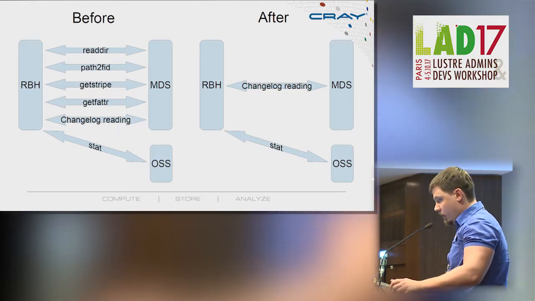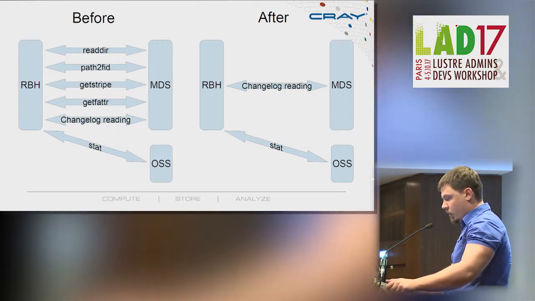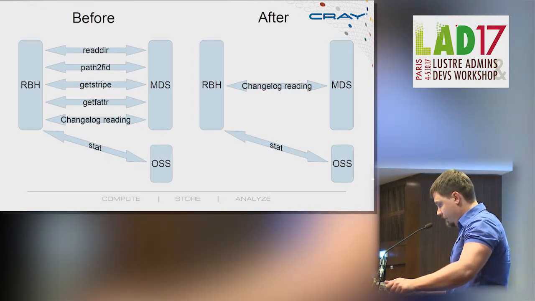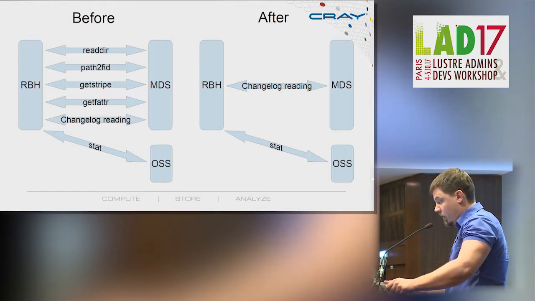Here you can see that the goal is to reduce communication paths to changelog reading, and as file object sizes are located on the OSS, we just need to get them from there.